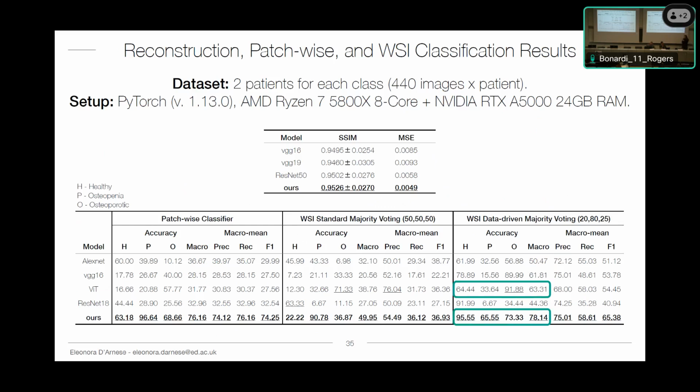And if we compare, for example, with a vision transformer, which was quite a hype model at the time of this work, we could see that our results were still good compared to them. The last part is that not only were we able to keep the results, but we have a slight improvement in the results when we move from just the patch classifier to the whole slide one.